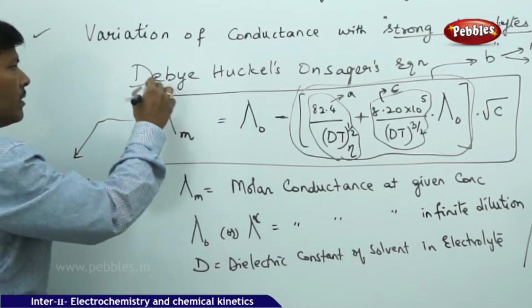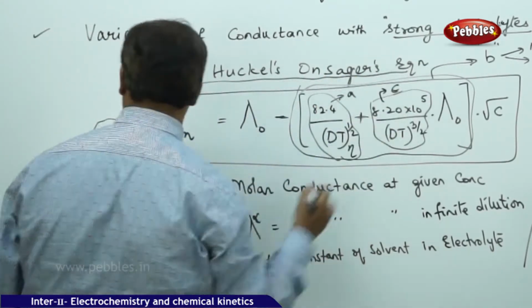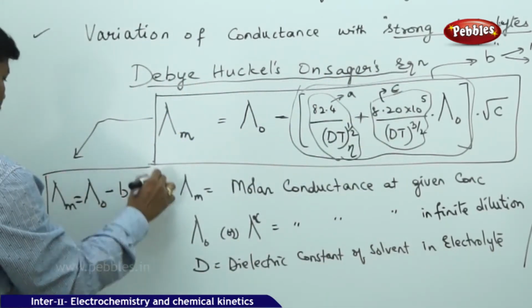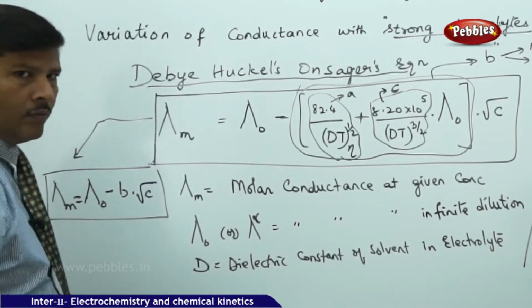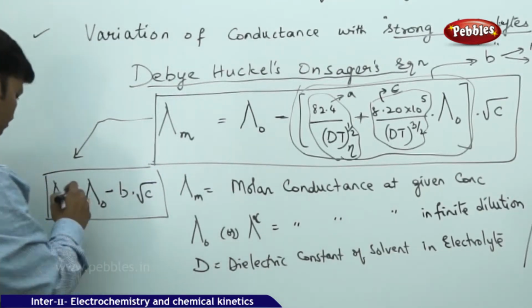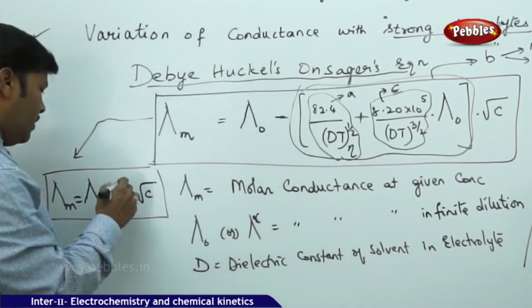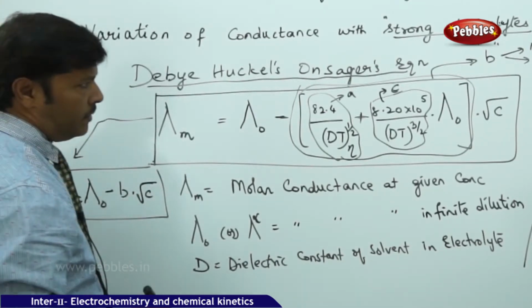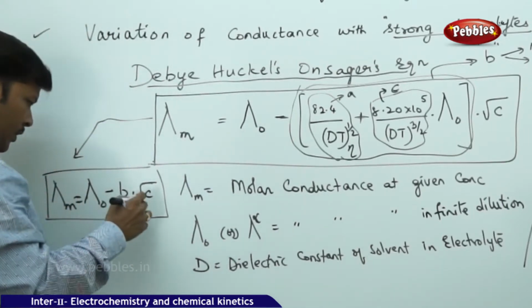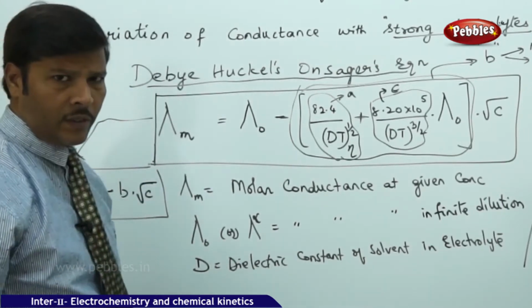Now the same Debye-Huckel-Onsager equation for strong electrolytes in the simpler form is: equivalent conductance at a given concentration is equal to equivalent conductance at infinite dilution minus B, the Debye-Huckel constant, into square root of concentration.